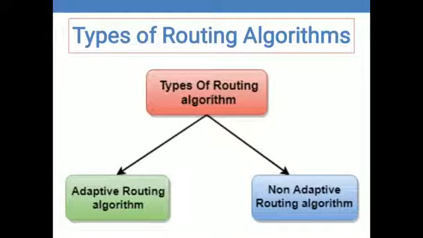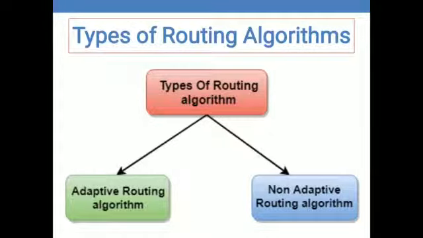That is the default routing technique. Mainly we will concentrate on two types, static routing and dynamic routing. The other names for static and dynamic routing are non-adaptive routing algorithm and adaptive routing algorithm. These are the two different routing algorithms used for routing purposes.